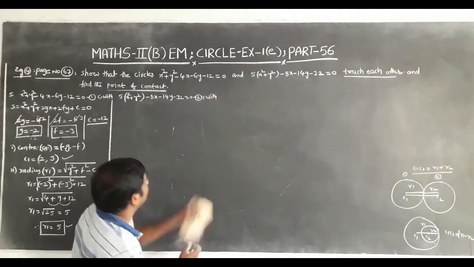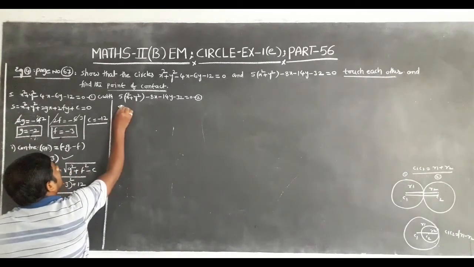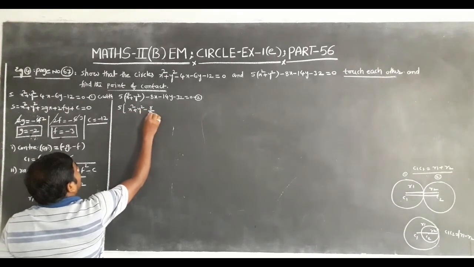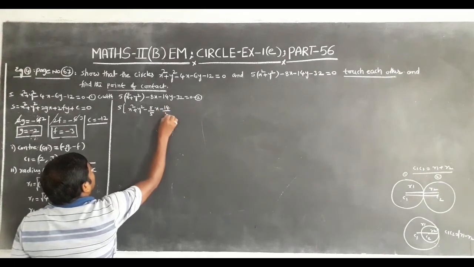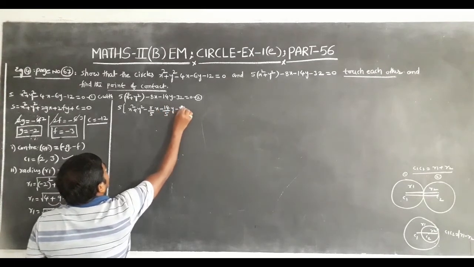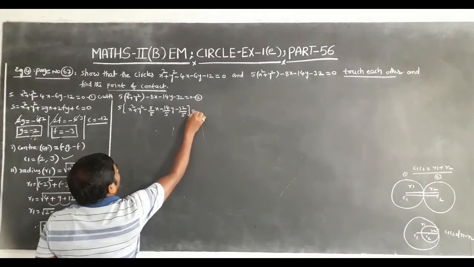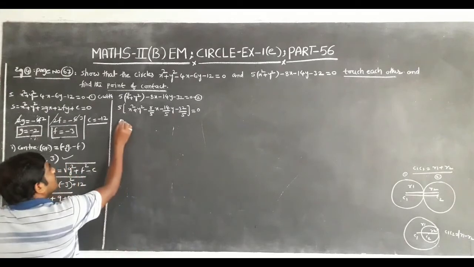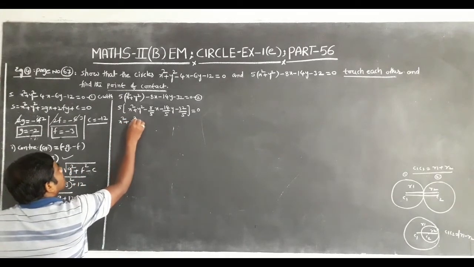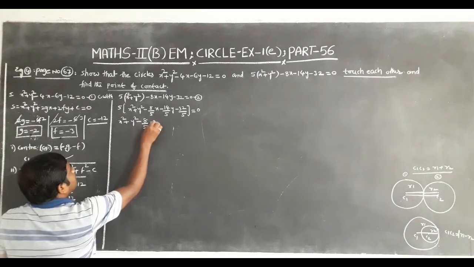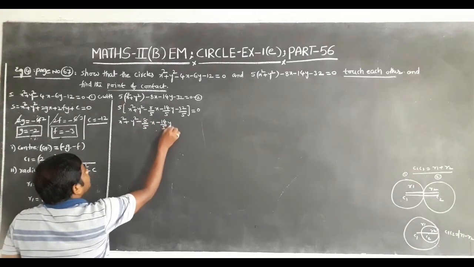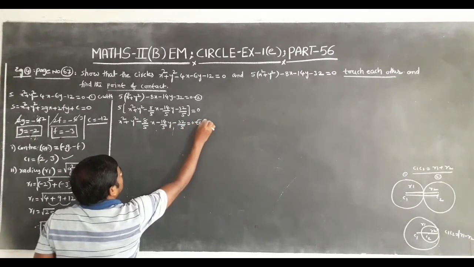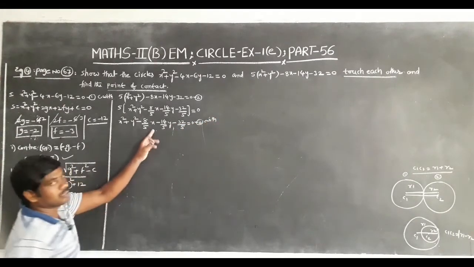Here 5 common: 5 into x square plus y square minus 8 by 5x minus 14 by 5y minus 32 by 5 is equal to 0. Taking 5 to the right side, 0 by 5 is 0. x square plus y square minus 8 by 5x minus 14 by 5y minus 32 by 5 is equal to 0. This is the general form.